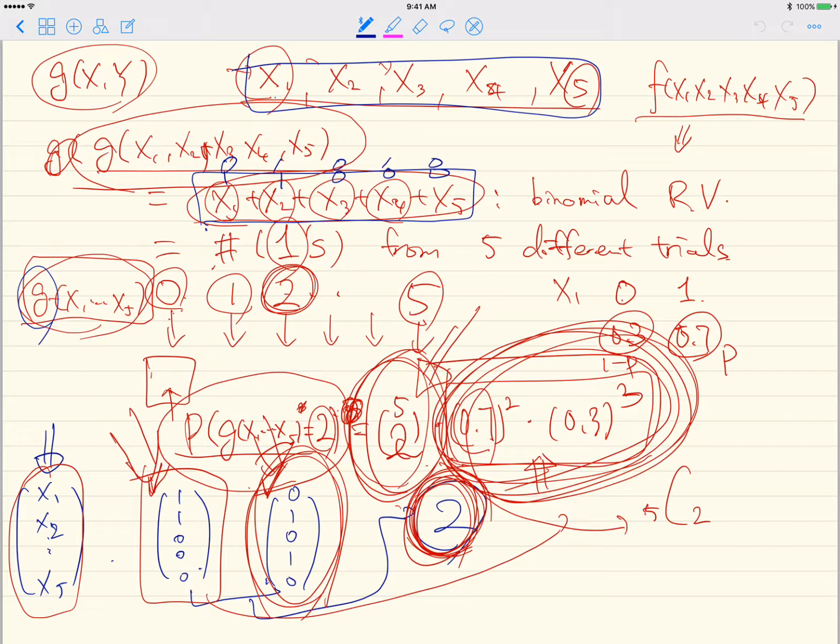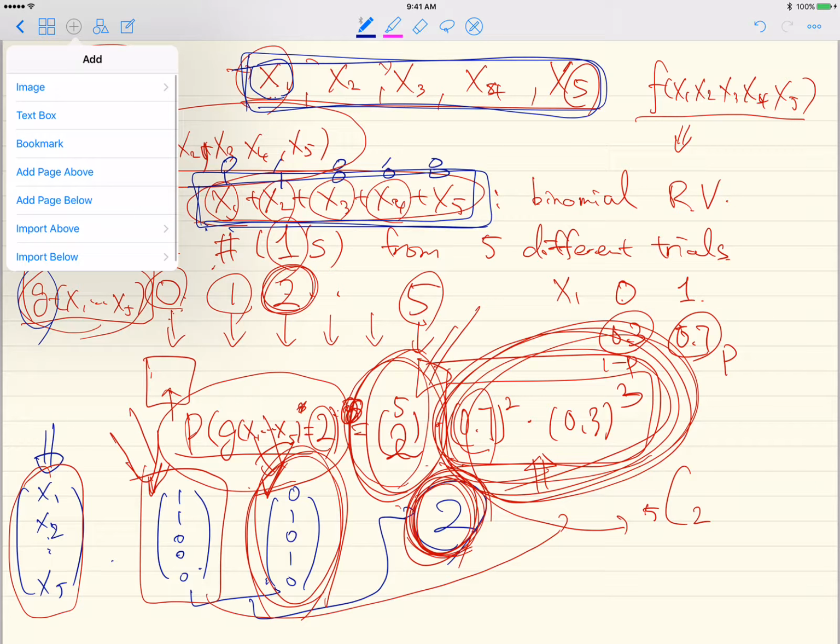Okay, so in the previous example we had these five Bernoulli random variables, and then we considered their sum, right? So in this case, G is defined in this form.